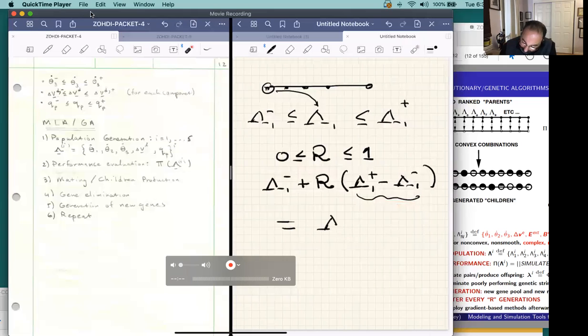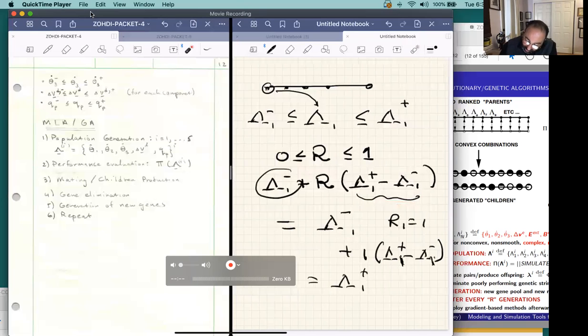If R is equal to 1, this becomes lambda 1 minus plus 1 times lambda 1 plus minus lambda 1 minus, which equals lambda 1 plus.